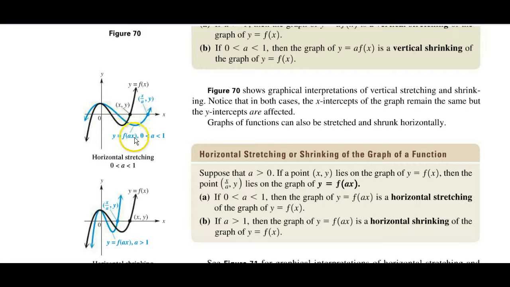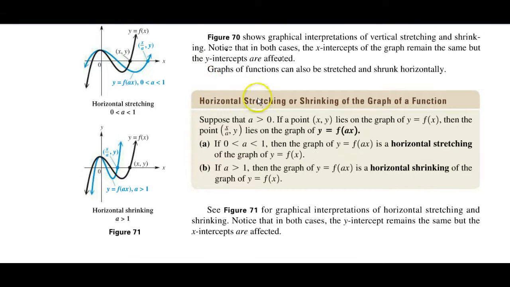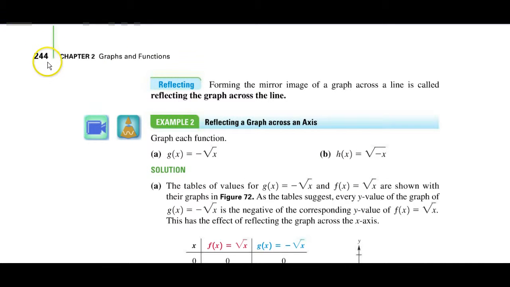So this is an example of horizontal stretching. And this one, again, the black line is the original. What do we notice is happening to the blue line? That is horizontal shrinking. So, just some vocabulary as we build up toward what we'll be doing here in a little while.